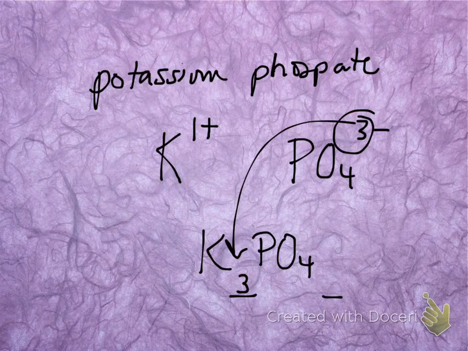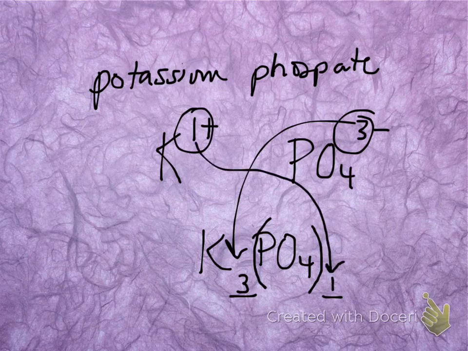Now, here's a sort of sideways trick when you're dealing with polyatomics. You don't have to do this all the time, but you can put that polyatomic ion in parentheses as a reminder that whatever number you have here is going to go outside the parentheses. Of course, in this case, it doesn't matter because it's a 1, so we're just writing K3PO4.